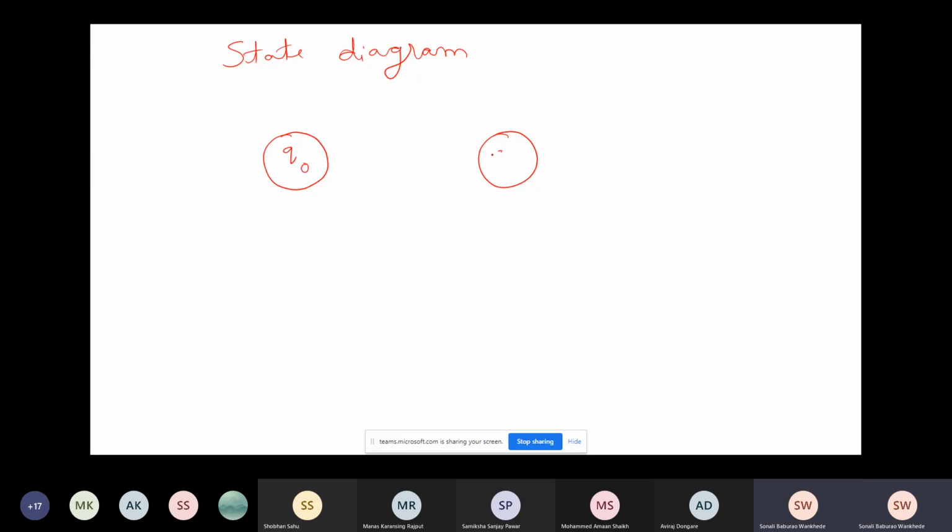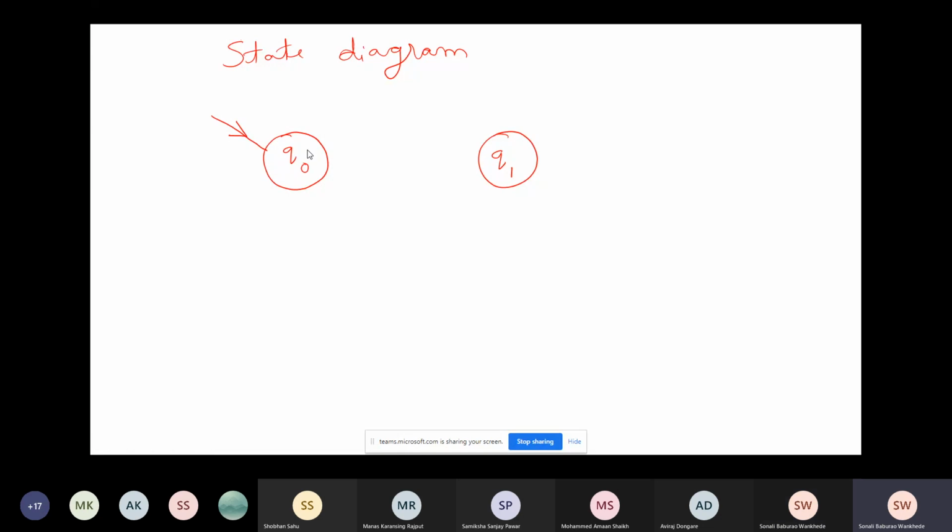This is how you represent a state diagram. Q naught is the initial state. Initial means the actual language is passed through this particular state, or the information starts processing at this particular state.